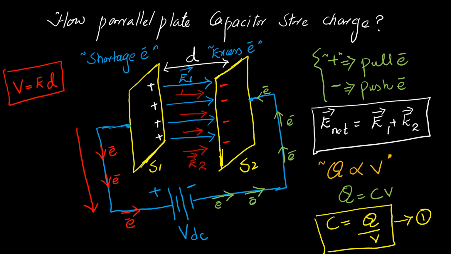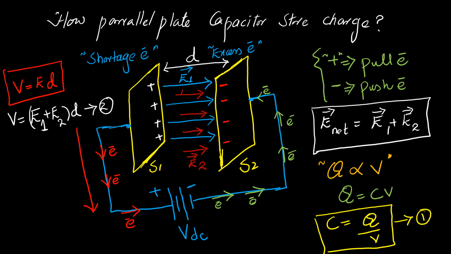Since there are two electric fields, we can rewrite this as V is equal to E1, the field due to the positive charge, plus E2, the field due to the negative charge, into D, the distance between the plates. Let's call this equation number 2.